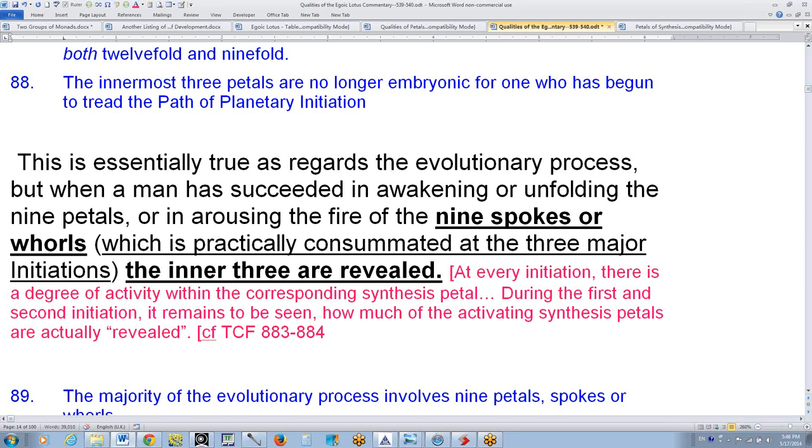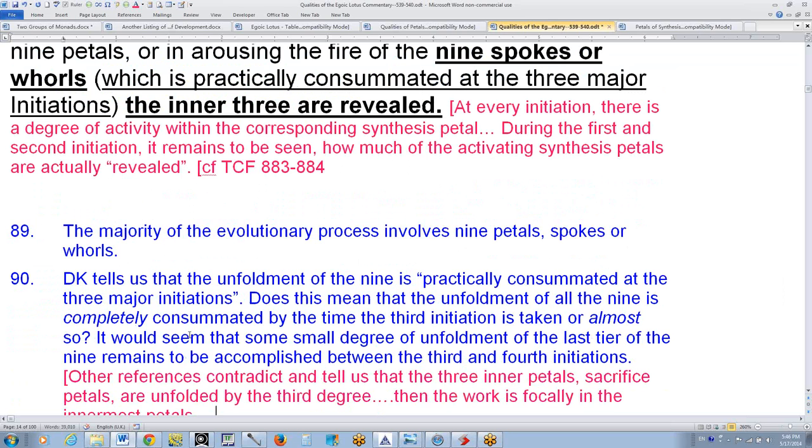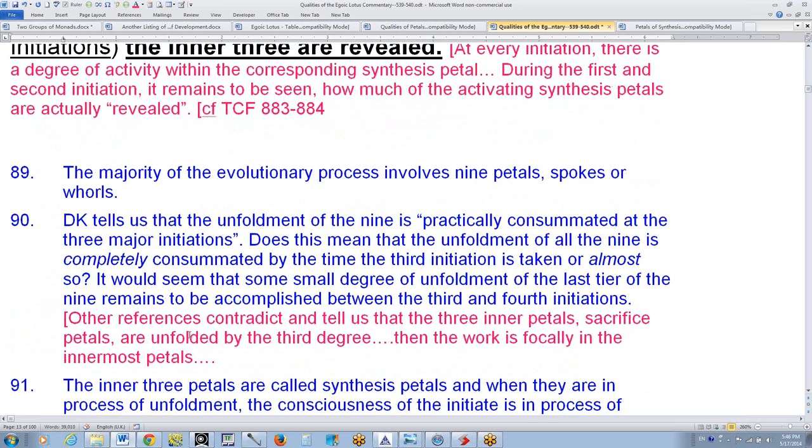So the majority of the evolutionary process involves the 9 petals, and the 3 inner petals appear to be opening, displaying some of the central fire at each of the 3 initiations, according to one reference.